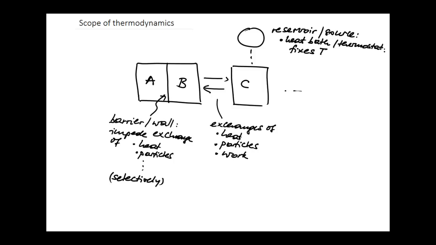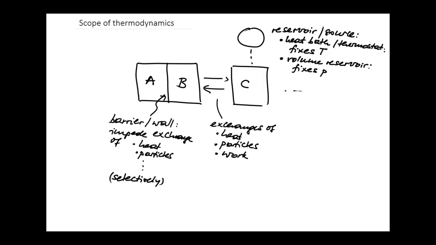There are also other kinds of reservoirs. There are so-called volume reservoirs. A volume reservoir fixes the pressure. The volume reservoir is connected to system C by a movable barrier, and the reservoir has a fixed pressure and ensures that system C will have the same pressure.